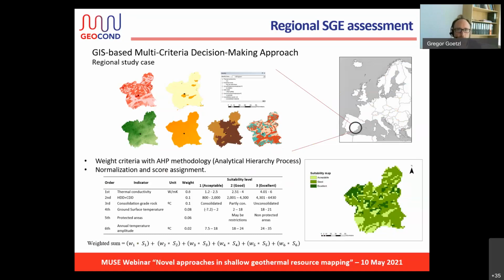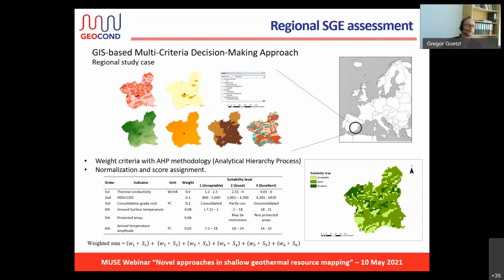Then there was one quick question. Your prediction of thermal conductivity, was it validated against TRT measurements? Did you have some validation points for the prediction? And the prediction itself, was it referring to existing guidelines like the VDI, the German guideline?